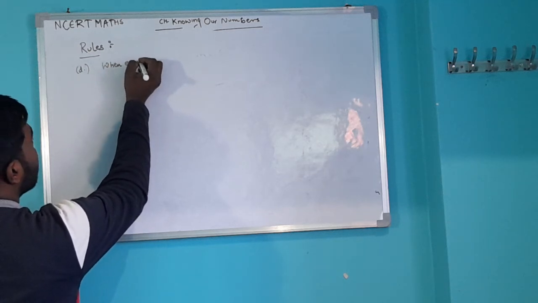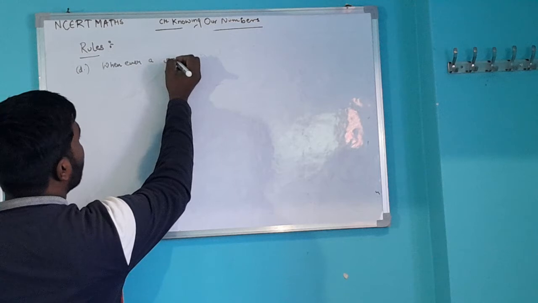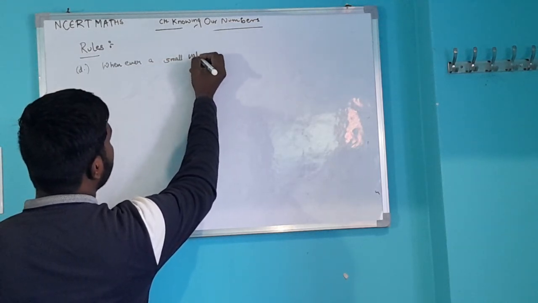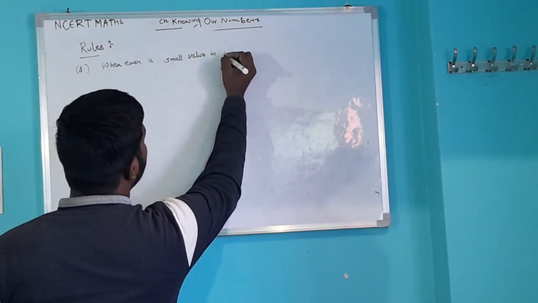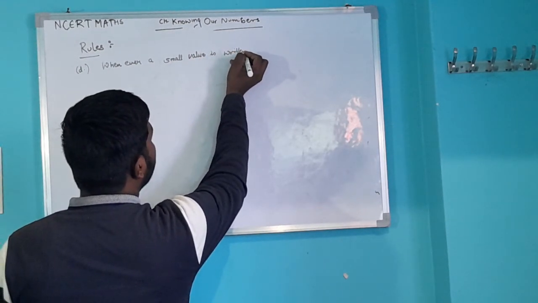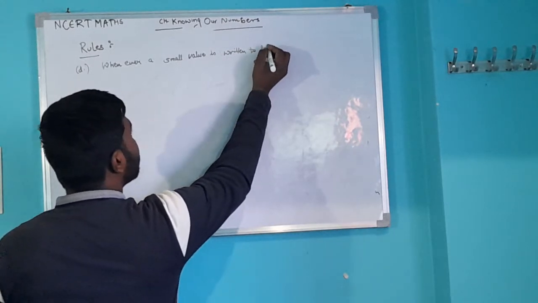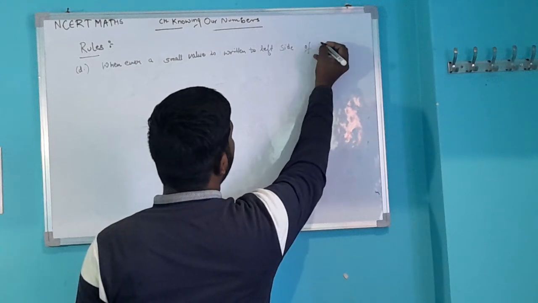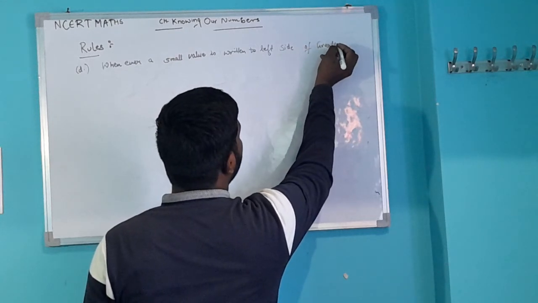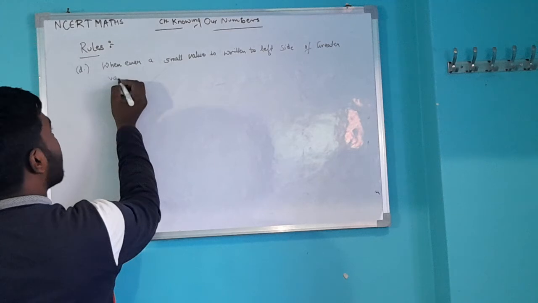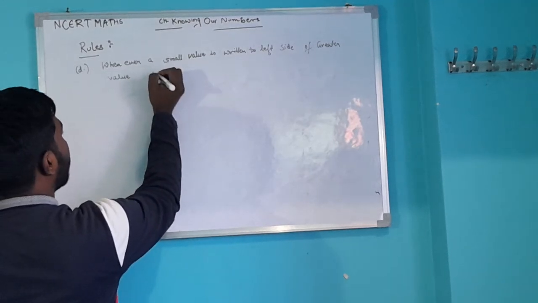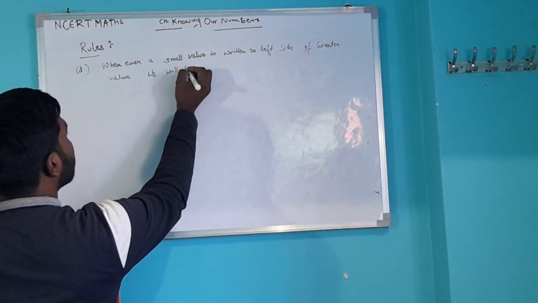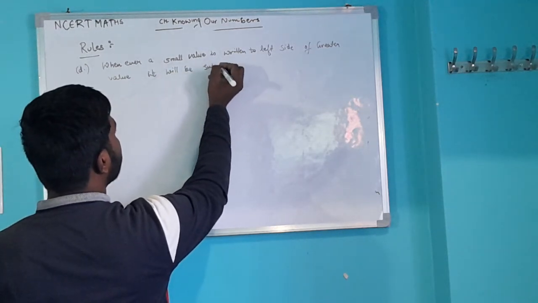Whenever a small value is written to the left side of a greater value, it will be subtracted.